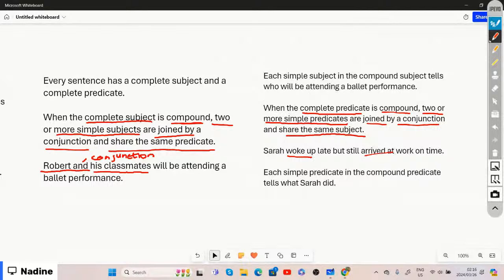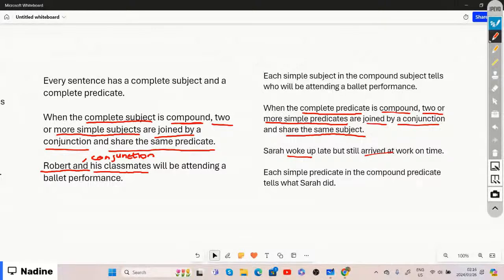And we said we have a complete subject that is compound, and that means it's two or more simple subjects joined by a conjunction and they share the same predicate, one predicate. Two subjects, one predicate. So it's either two nouns or two pronouns, but one verb, joined by a conjunction.